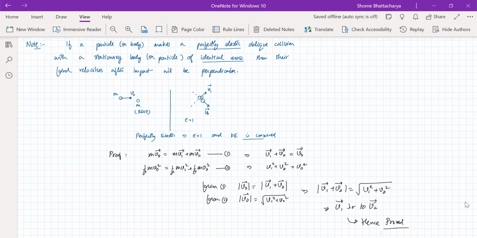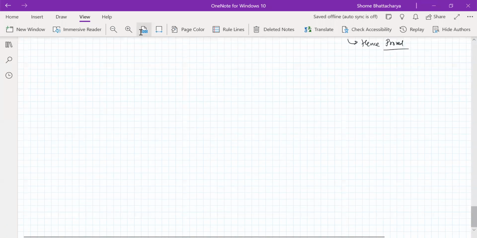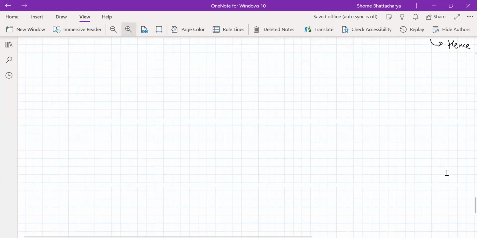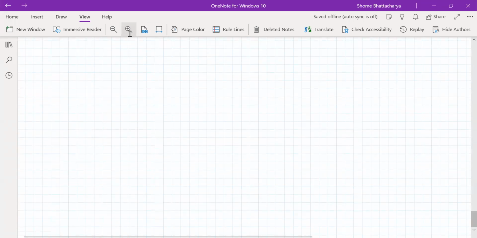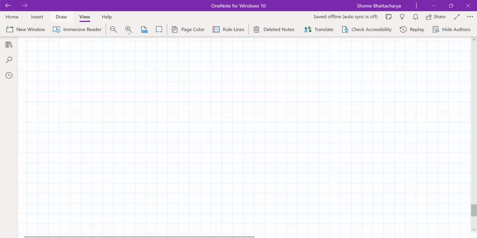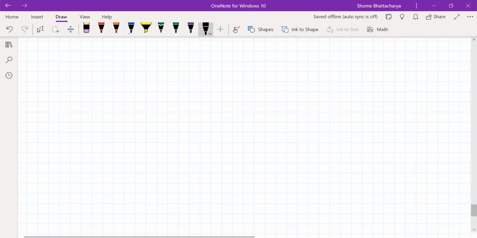So done. Now let's look at a typical question where if we utilize this theorem, then solving the question becomes much easier. Of course, even if you don't remember this theorem, this question can be solved, but it will take that much longer because you'll have to figure out that the final velocities are perpendicular.